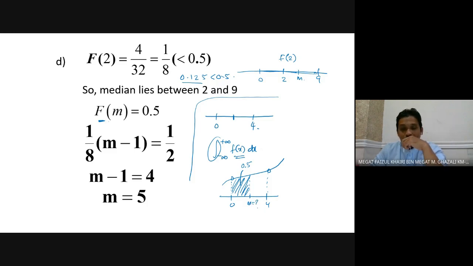M can be 2, m can be 1, can be 3, can be 2.5, 2.1, 1.8, any value, as long as integral of the function from 0 until m gives you 0.5. So actually this one, we are talking about the area between the curve and x-axis. Okay, bukannya nilai tengah bagi domain 0 hingga 4. Okay.